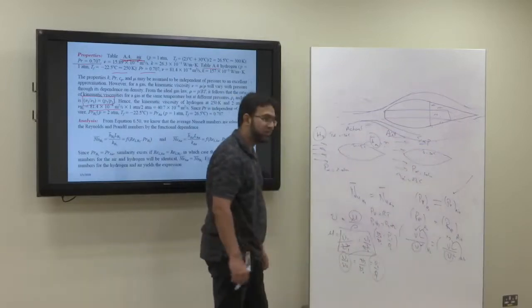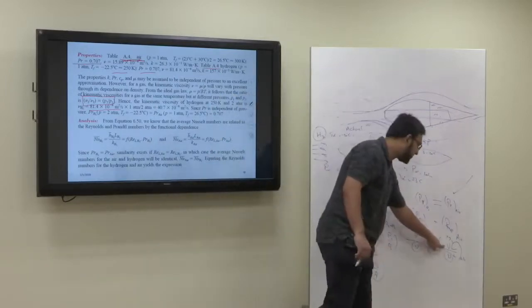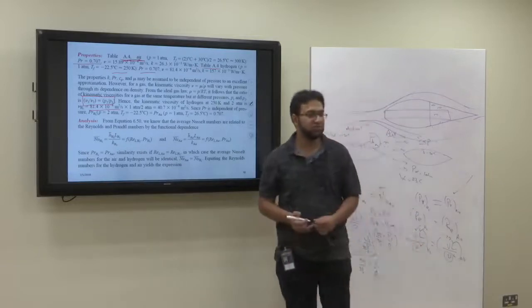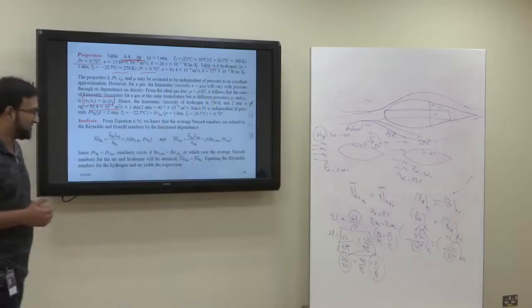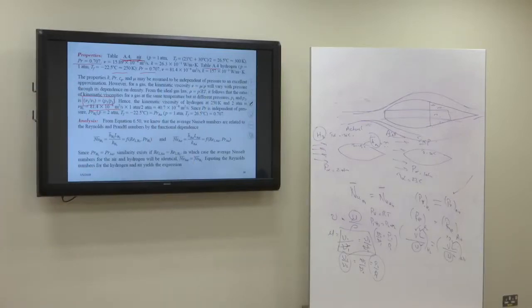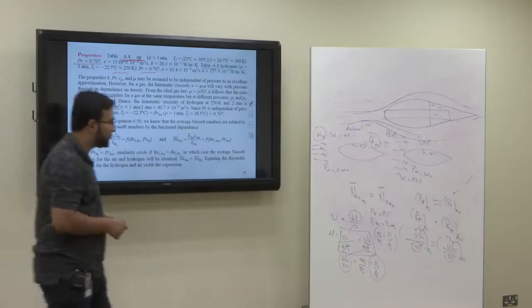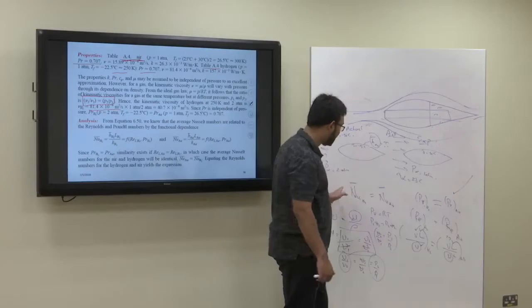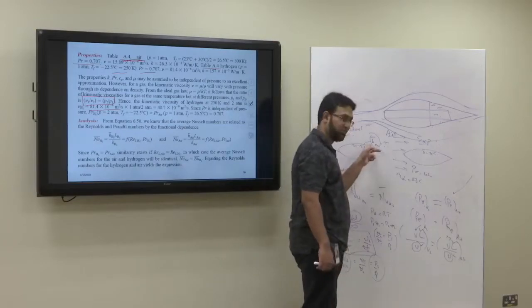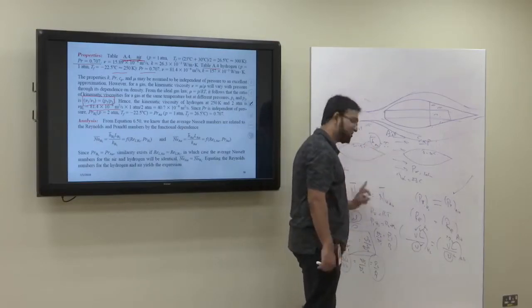Is it clear? So if you have all these things, you can find out what the velocity should be in the air tunnel. Don't forget what we were trying to do. We were trying to find the average heat transfer coefficient. For that, we need to make the two Nusselt numbers equal.